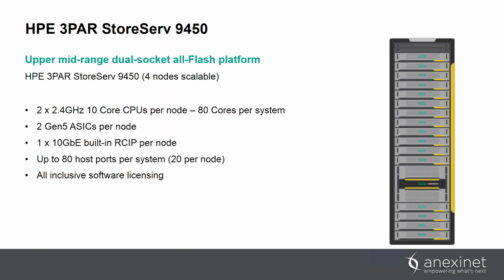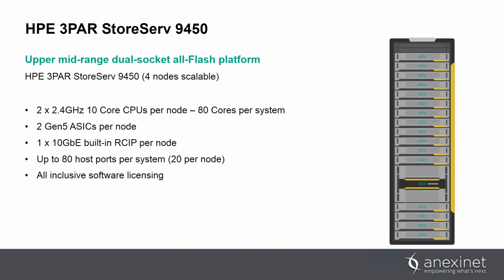Here is the newly announced 9450 3-PAR StoreServ. This is your upper mid-range dual socket all-flash platform, 4-node scalable. It's got 2.4 gigahertz, 10-core CPUs per node, 80 cores per system. It has 2 of the Gen 5 ASICs per node.